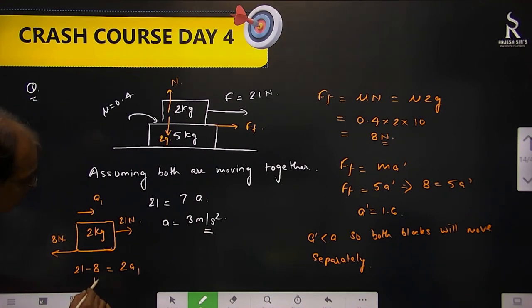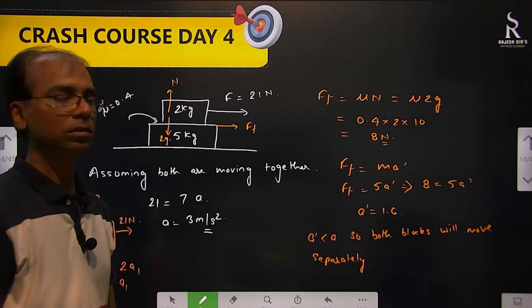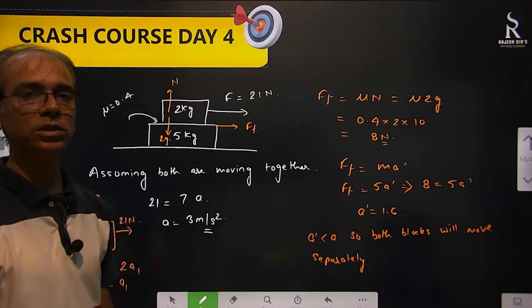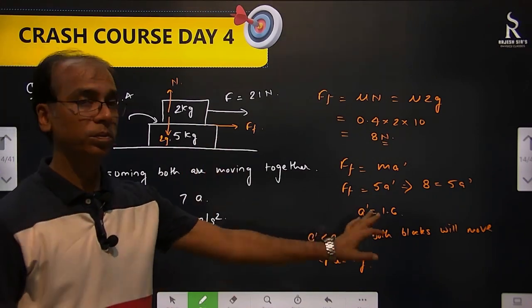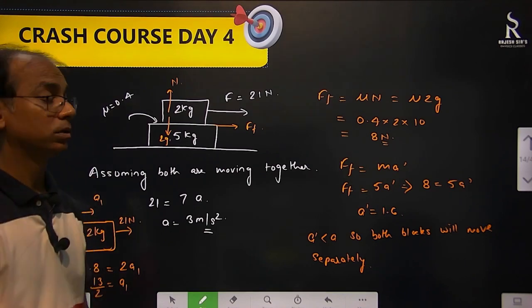So 13 by 2 equals a1. For this one, its acceleration is already found, 1.6, because on this one friction is 8 by 5, 1.6. So the lower block's acceleration is 1.6, and the upper block's acceleration is 13 by 2, that is 6.5.